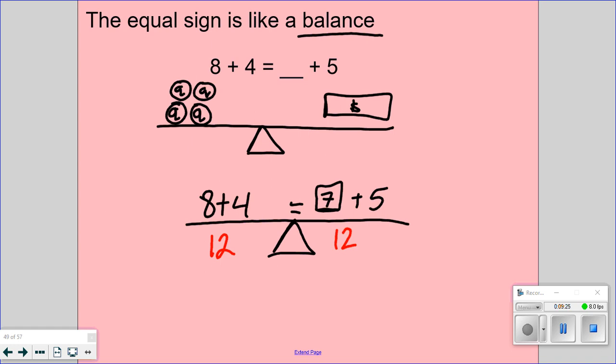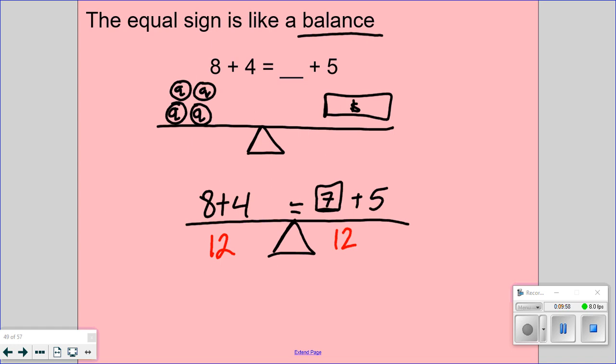So what I noticed about the sign is those two sides are made two different ways, but they both equal the same number. Rylan's bringing up a good point. He said, I'm noticing that each side looks a little different.